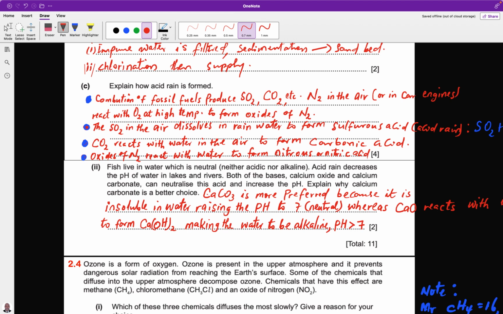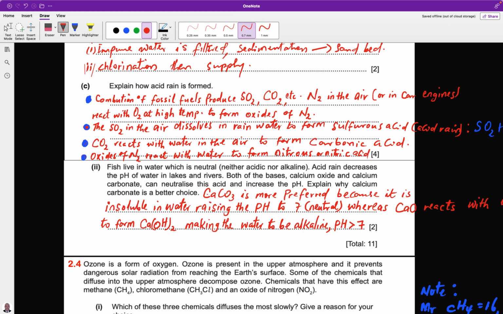They are formed from combustion of fossil fuels. During the combustion of fossil fuels, what is produced? Some of these gases are produced, such as sulfur dioxide and carbon dioxide.